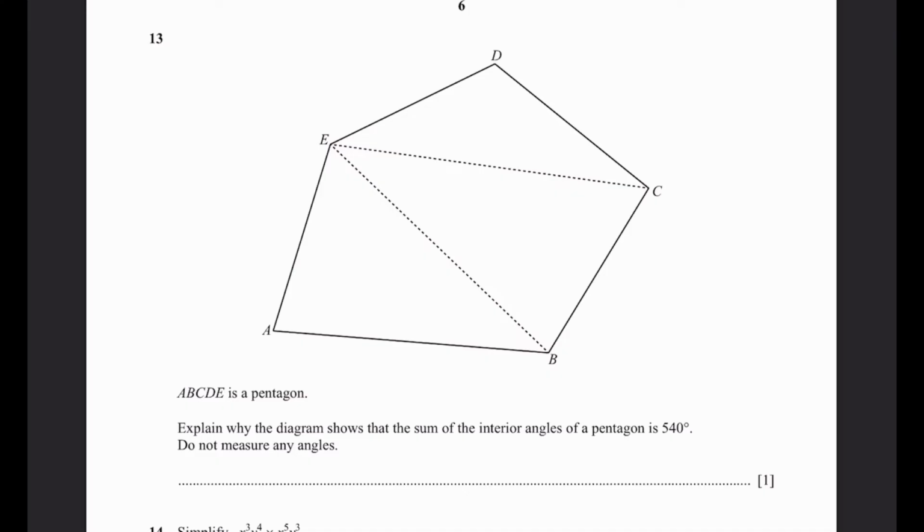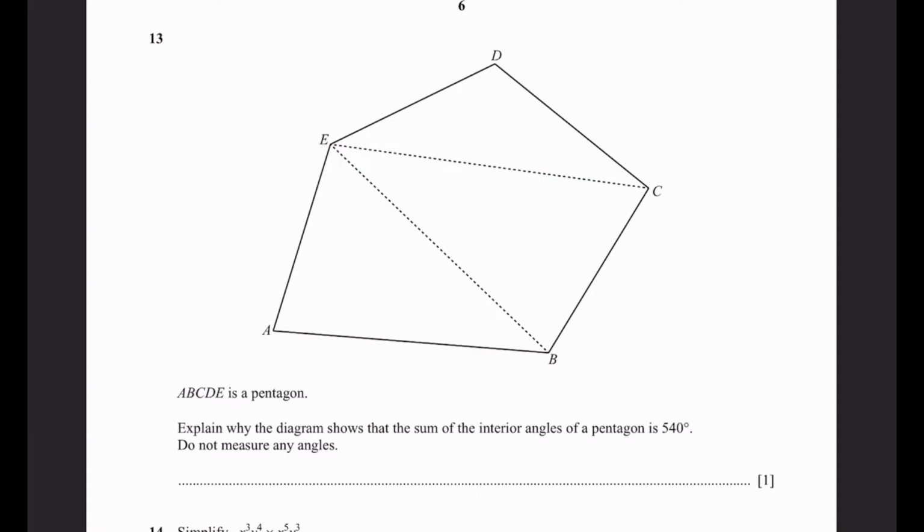It is actually to prove this statement. Because the sum of the interior angles in a triangle is 180 degrees, and there are 3 triangles inside the pentagon. The sum of the interior angles of a pentagon is 180 multiplied by 3, which is equal to 540.